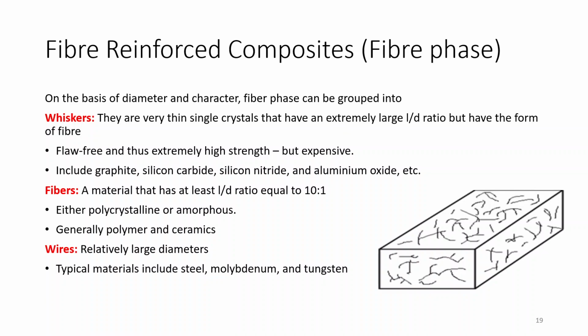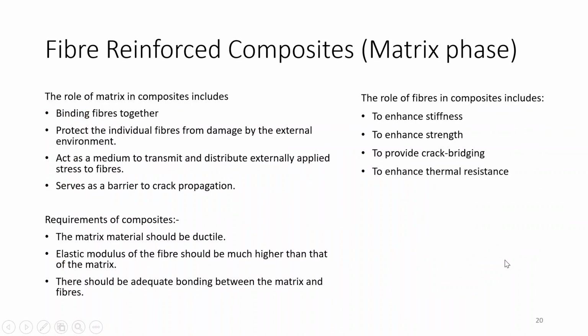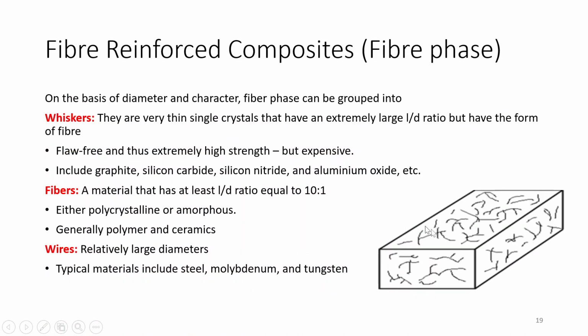Next you have wires, which have relatively large diameters, and typical materials include steel, molybdenum and tungsten. As you see in tires as well, sometimes metal wires are used to increase the stiffness. And this is how your fiber reinforced composite looks.